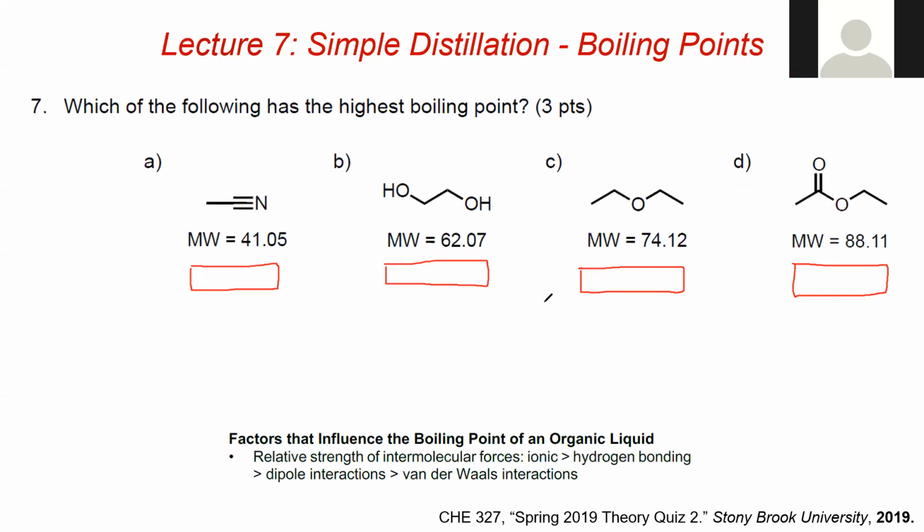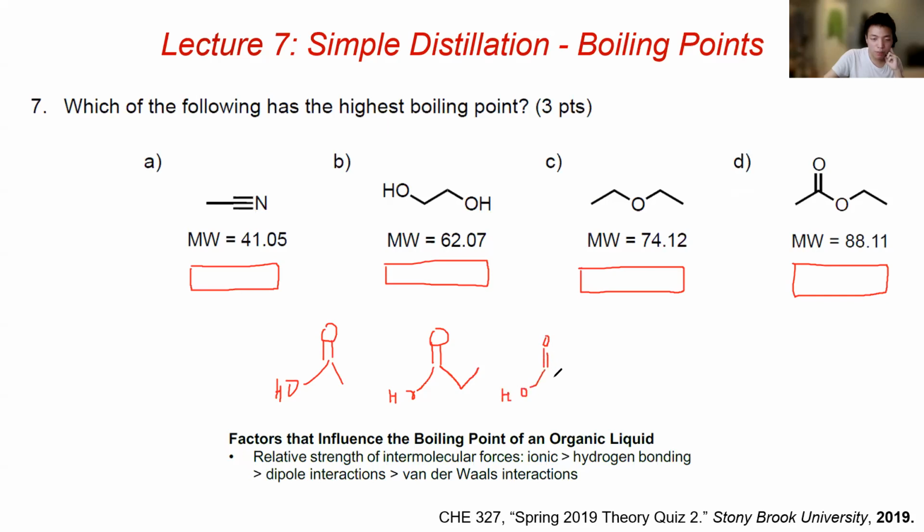How does molecular weight affect boiling point again? Molecular weight only affects the boiling point if the molecules have the same functional group. Suppose I have acetic acid, and then I add another carbon here, and another one, and so on.